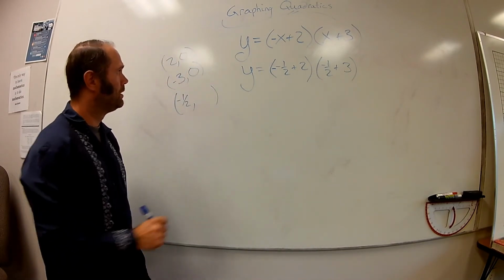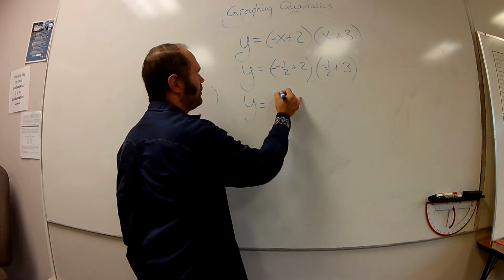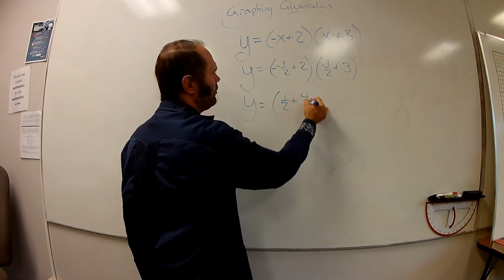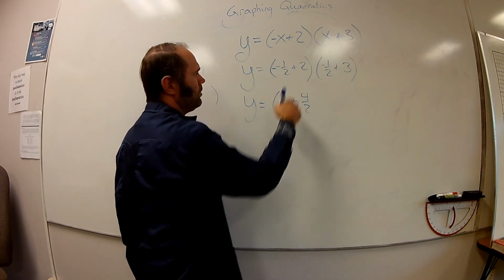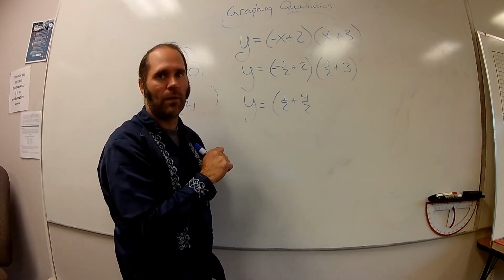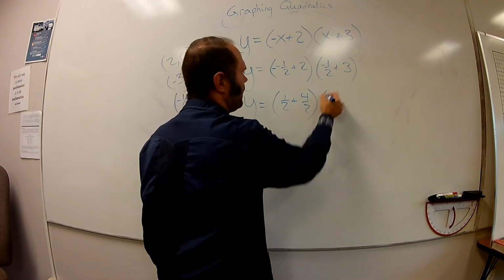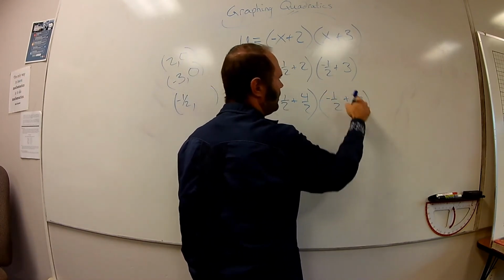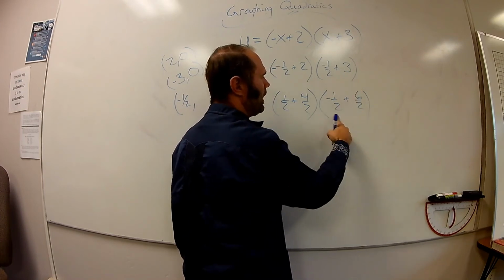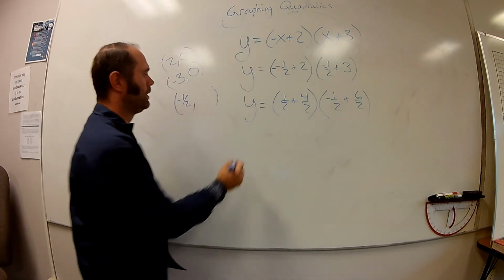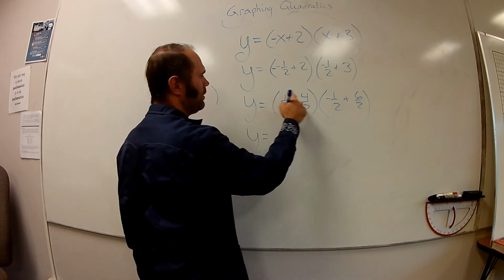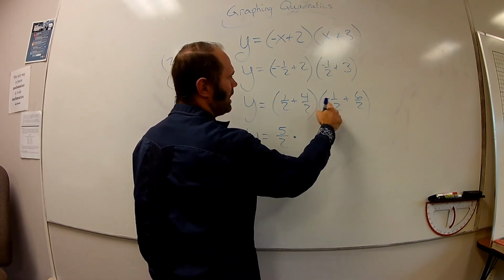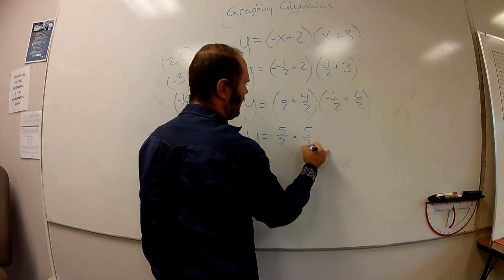All right. y equals, two negatives make a positive, so it's still positive 1 half plus 4 halves. 4 divided by 2 is 2. I have a common denominator now. Negative 1 half plus 6 halves. 6 halves is 3, and we have a common denominator. So y equals 1 plus 4 is 5 halves times negative 1 plus 6 is 5 halves.